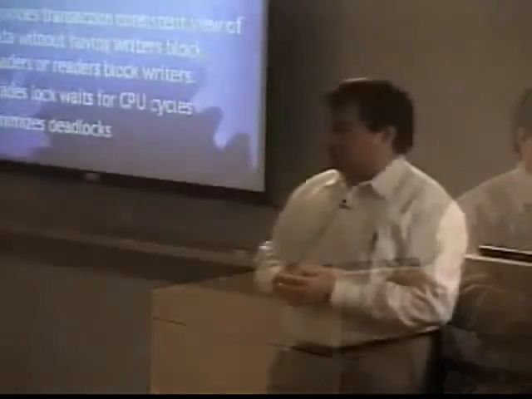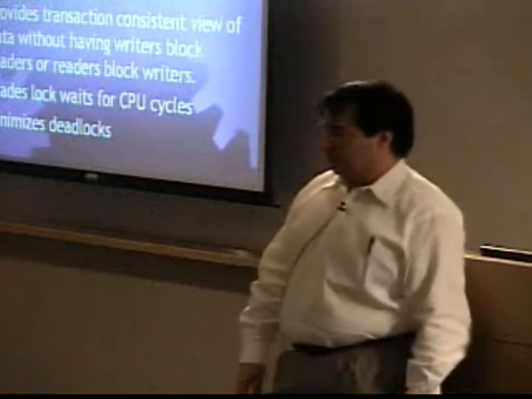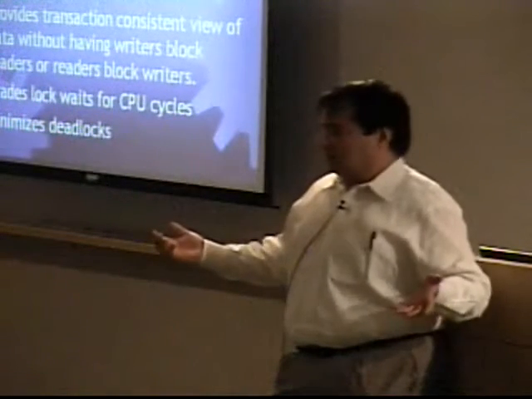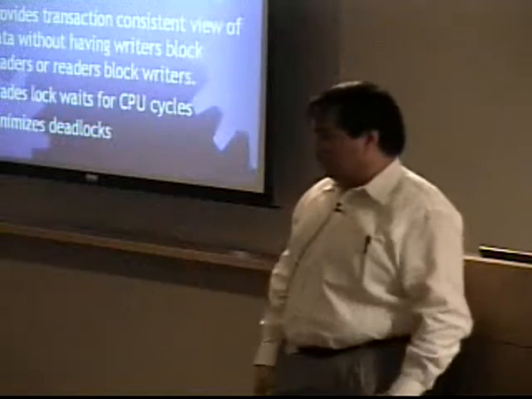So a very common thing in database systems is that you want to execute a set of transactions just like if they were executed serially. Even though you're executing them concurrently, you want the final behavior to be the same as if they had been executed in some serial order.